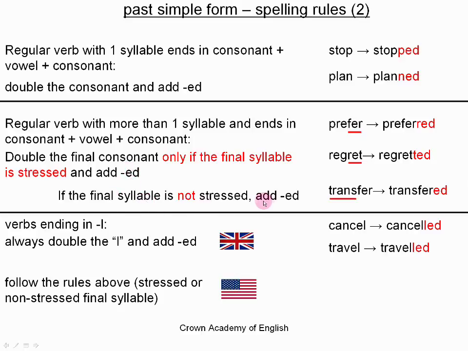And if it isn't, we just add ed. So, for example, in American English, cancel is canceled, and travel is traveled, without the double consonant. And it is because the first syllable is stressed. Okay? So those are the rules.